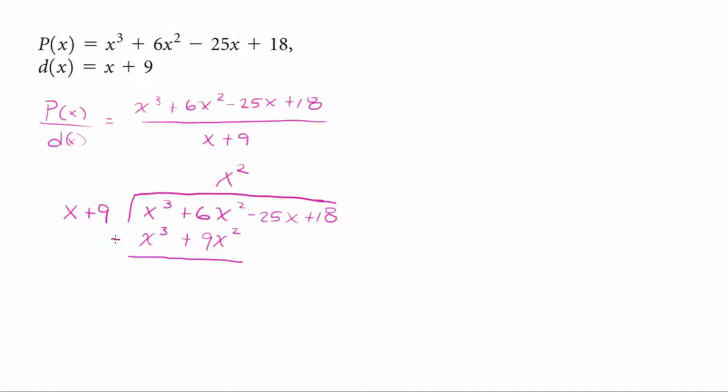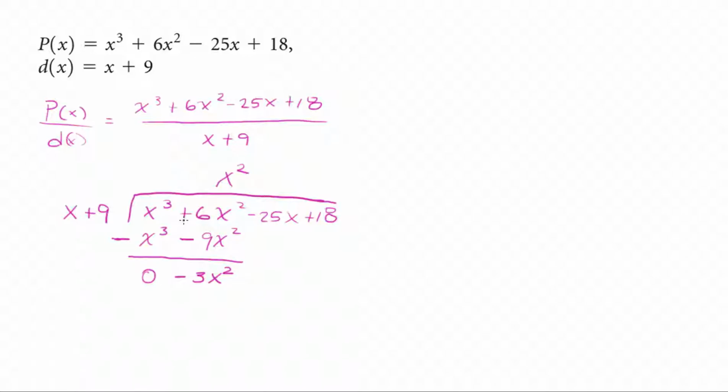So this minus stays on here, but this one becomes also minus. Now x cubed minus x cubed is 0, and it always has to give you a 0. 6x squared minus 9x squared is negative 3x squared.